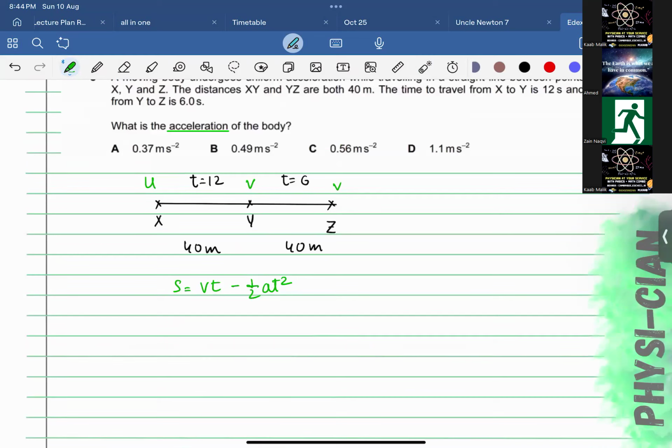Okay. This is for the first motion X to Y. Okay. And from Y to Z, it is going to be s is equals to ut plus half at squared. Okay, and this u and this v is going to be same. Okay, right? ऐसे ही ना, ये समझ रहे हो? Okay.